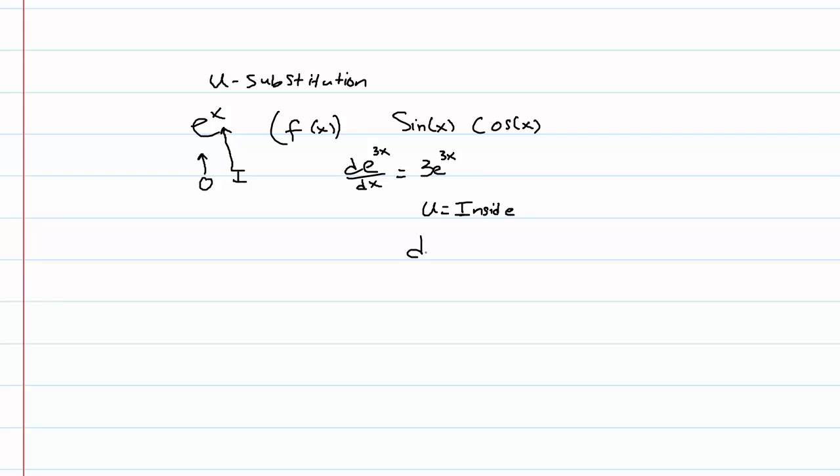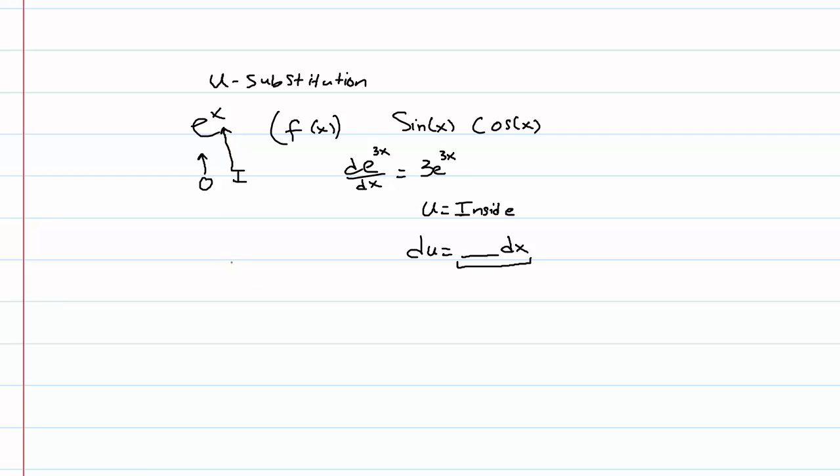Then we need to take the derivative of u with respect to x. After that, we need to substitute what we get as du with respect to dx back into our function. After that, we can integrate.